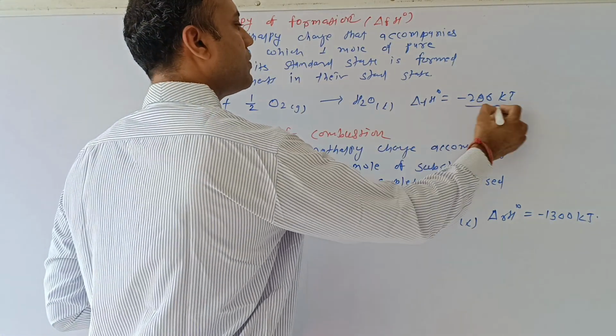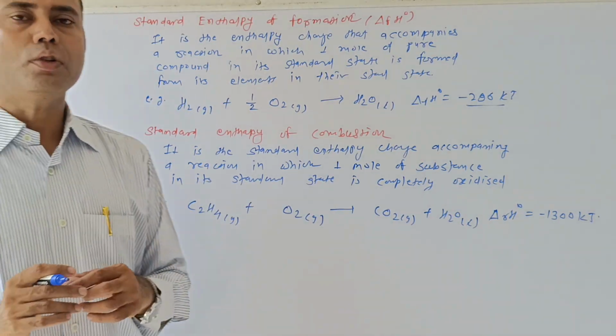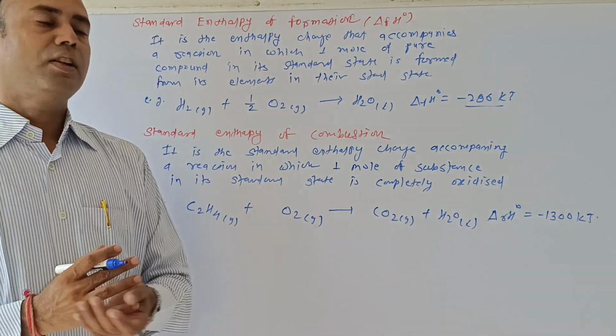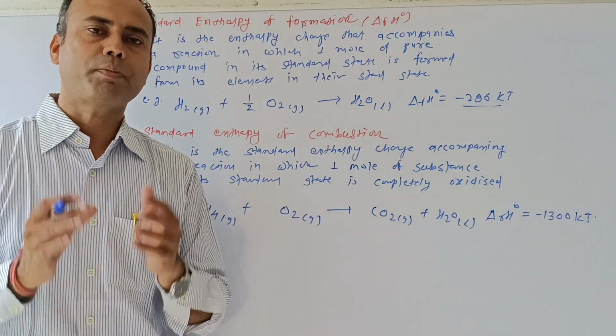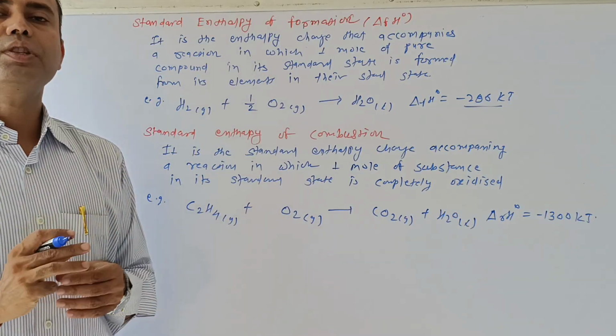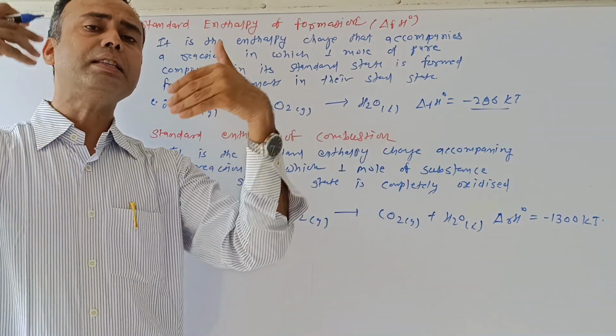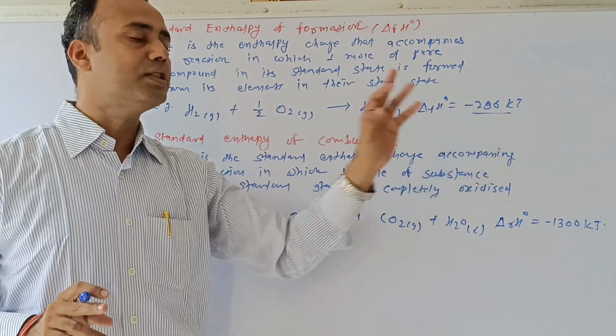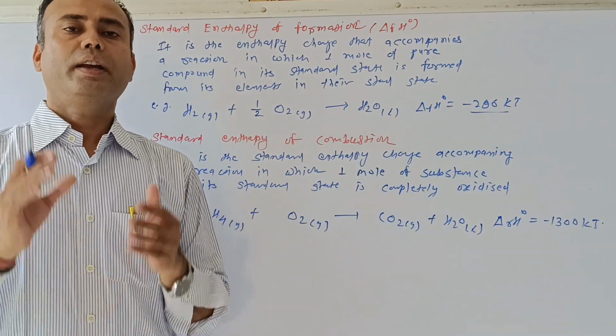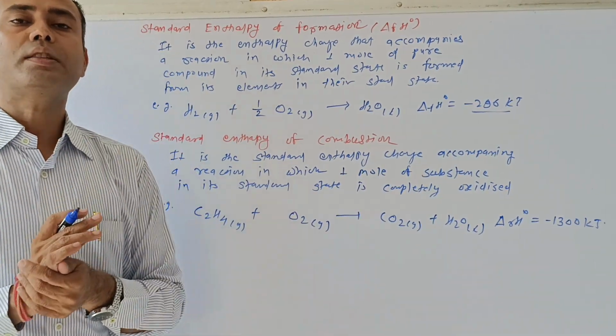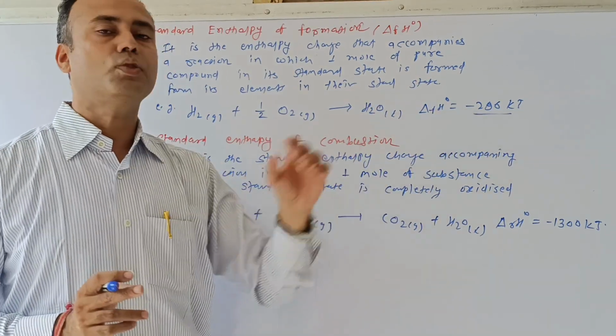Delta fH is minus 286 kilojoule. This indicates that when 1 mole of water is formed from its constituents, hydrogen and oxygen, 286 kilojoule heat is released because delta H is negative. Means the enthalpy change is minus 286 kilojoule.